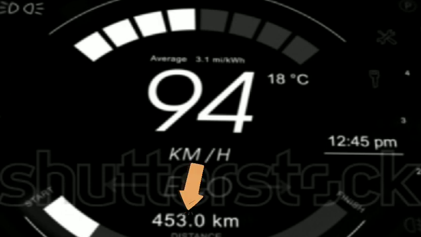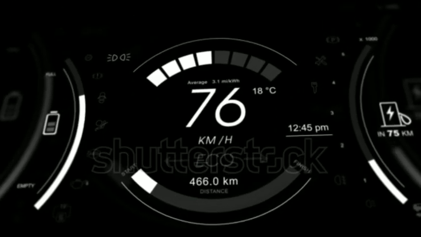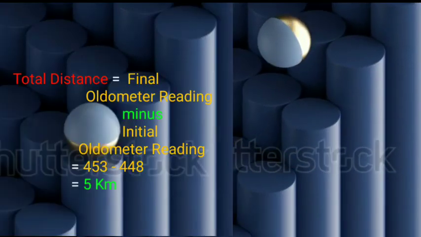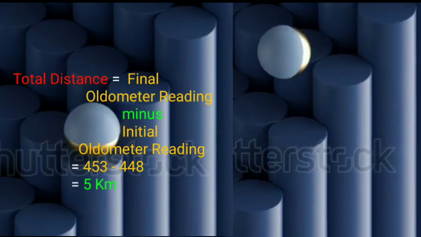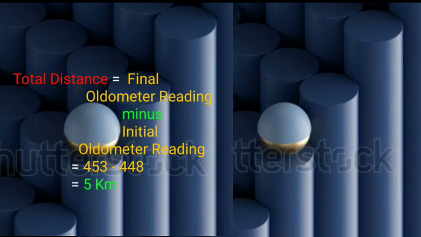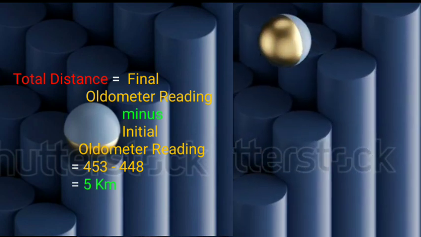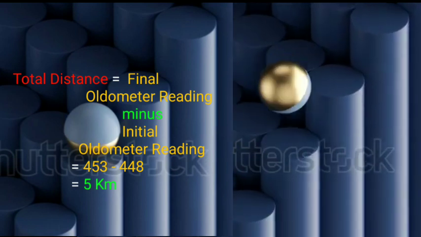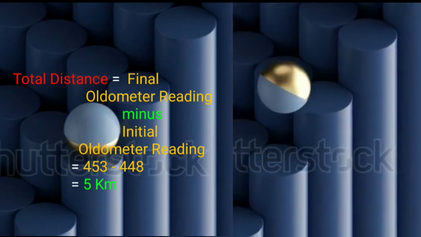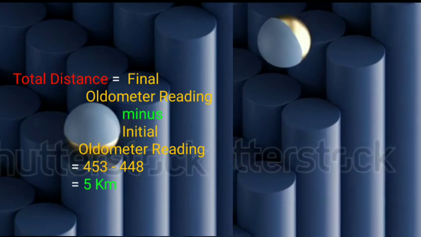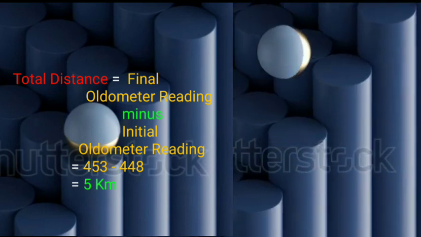So, what is the distance you have traveled? It is 5 km. You just subtract the initial reading from the final reading. Final reading minus initial reading, that is 453 km minus 448 km is equal to 5 km.